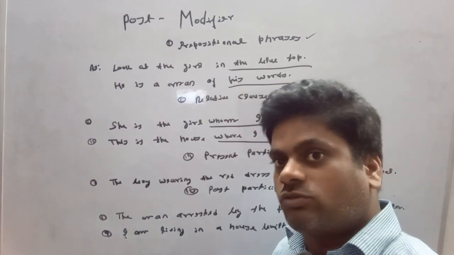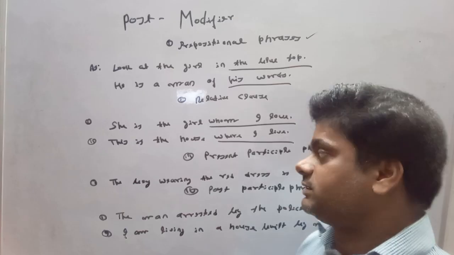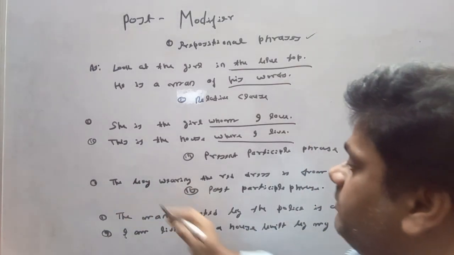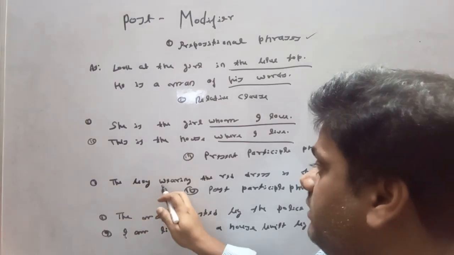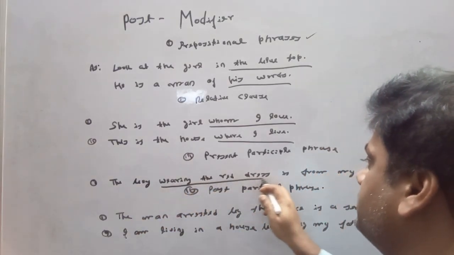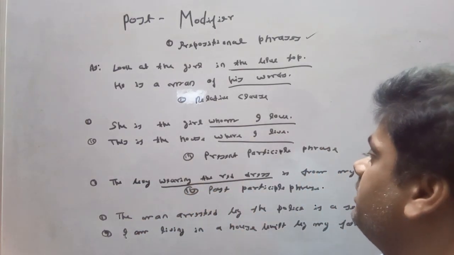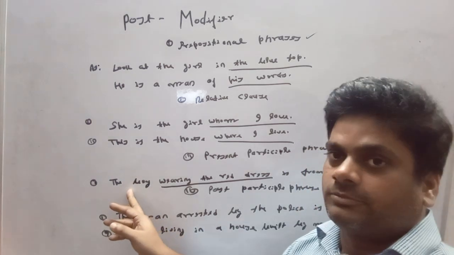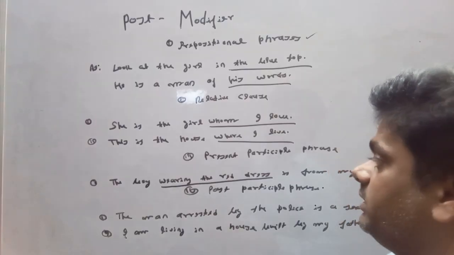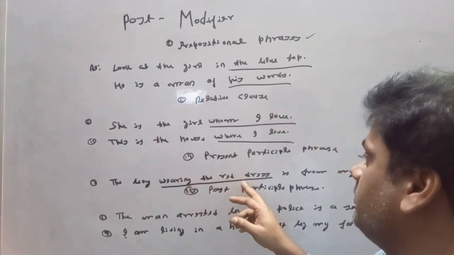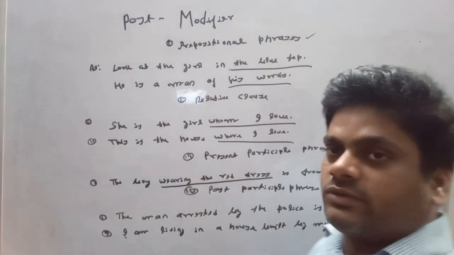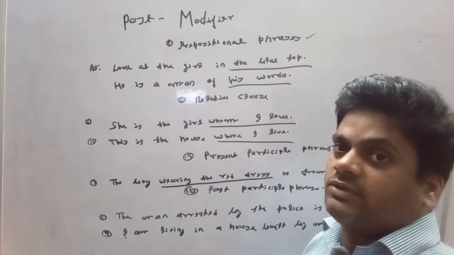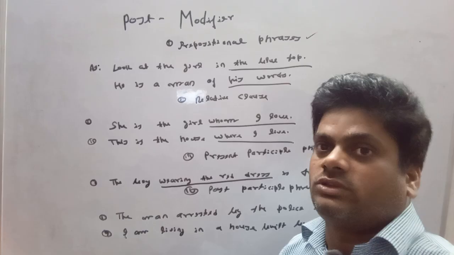A past participle can also work as a post modifier. The boy wearing the red dress. The boy is the noun, and wearing the red dress is a present participle phrase giving extra information about the noun boy. If I remove this present participle phrase, the sentence would not lose its full expression, but it would not give extra information about the boy.